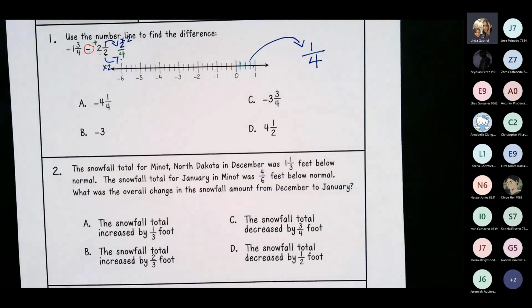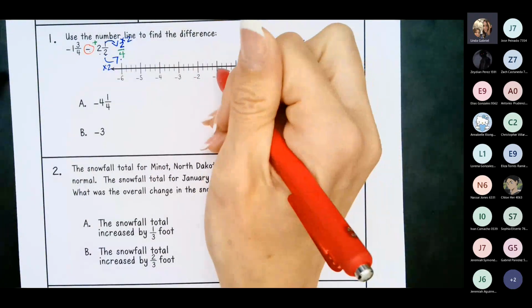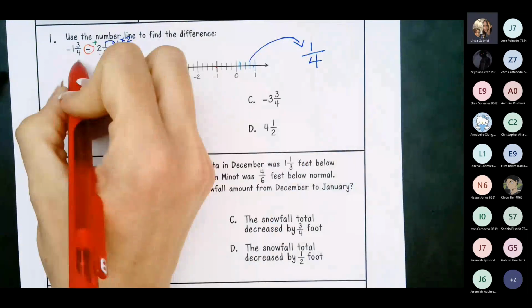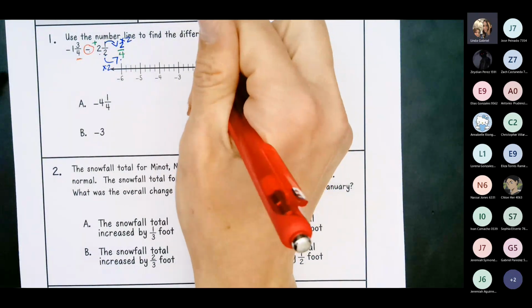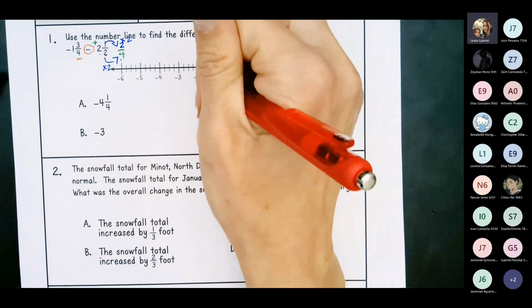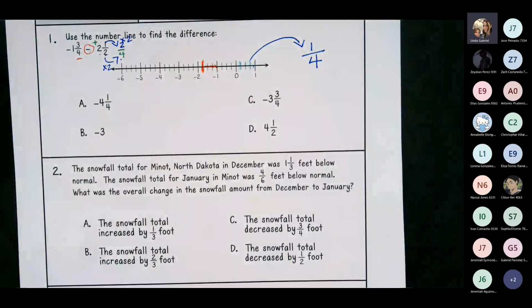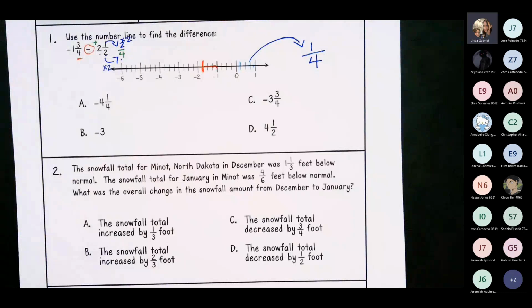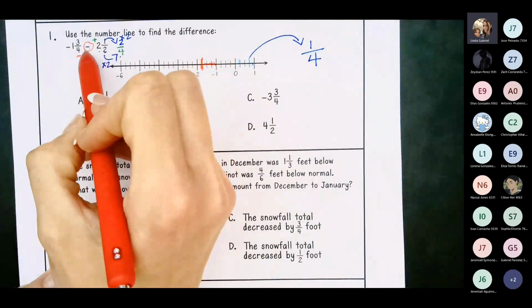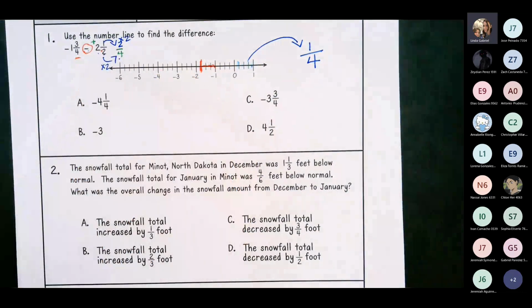So now I need to go to my number line. I need to go to -1, and I have 3/4. So I'm going to go over 1, 2, 3. Starting point is here, -1/4. If I start there, I need to subtract a positive 2 and 2/4.